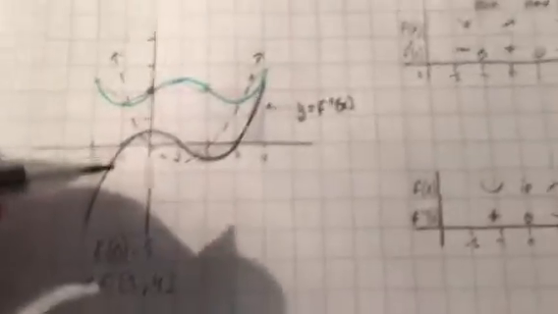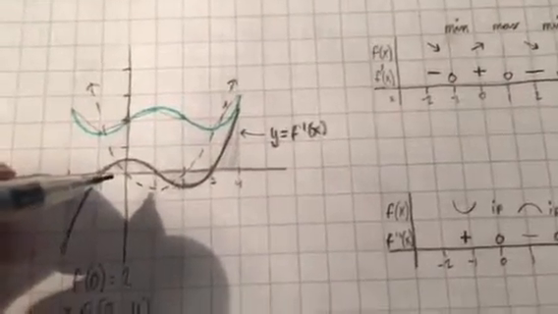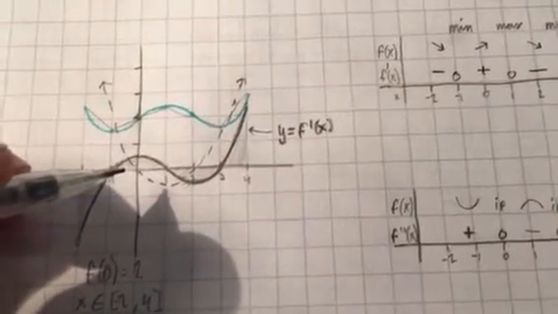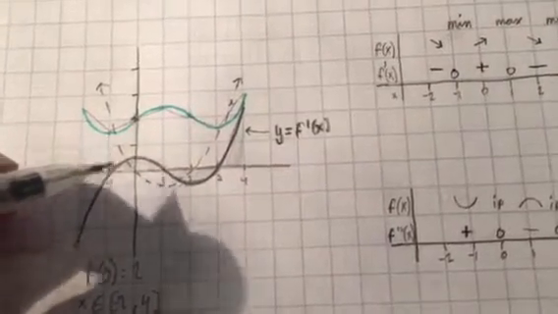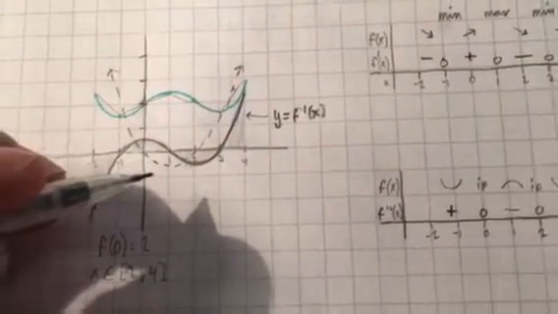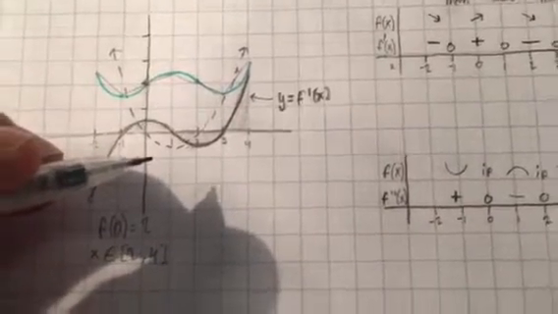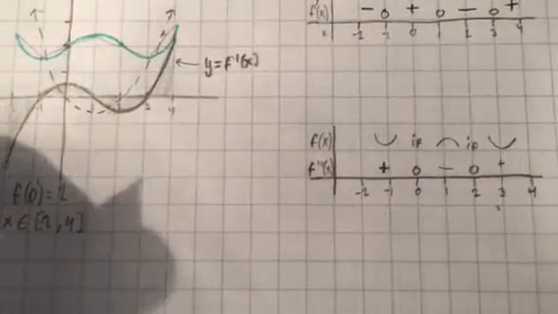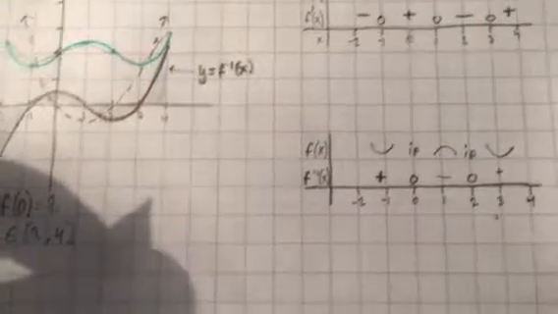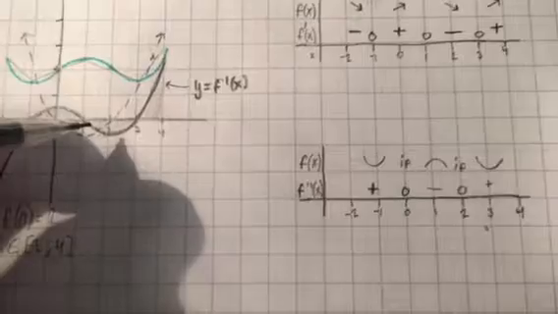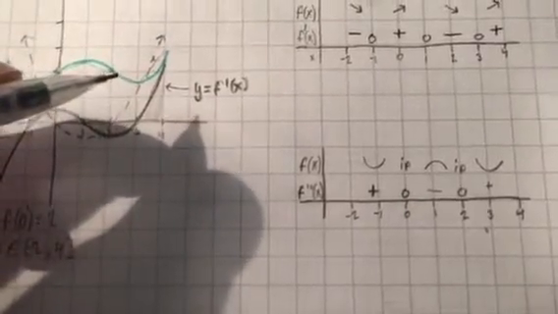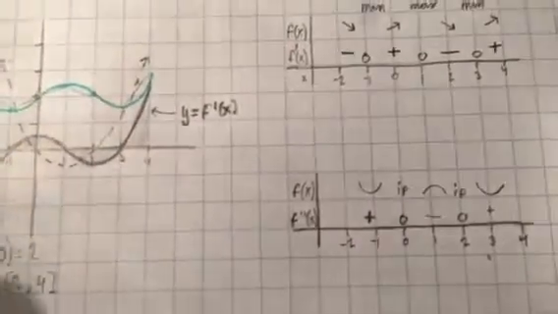Then we have 0 at the origin, which gives us a point of inflection because it's going from above the x-axis to below. So it's going from positive to negative, and the negative shows us that it will be a concave down shape on our function. Then once again, we have another point of inflection at x equals 2, since it's returning to positive, giving us another concave up shape.